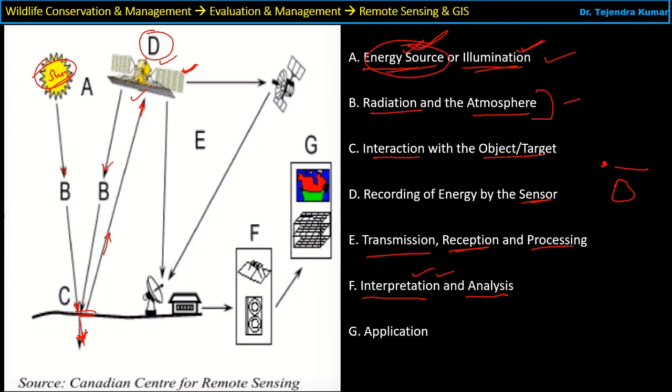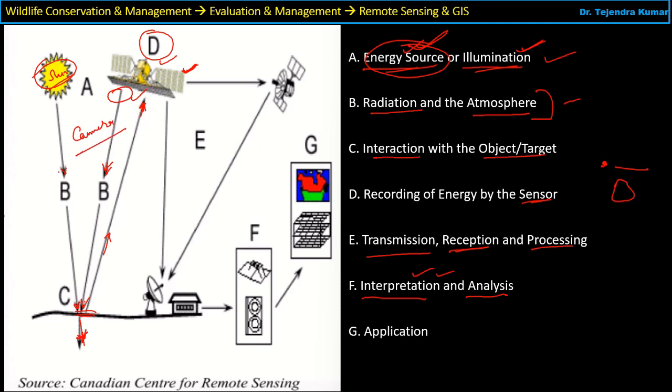Okay, if an active source is there, then the active source will send the energy and get it back. If you see this process, it is working like a camera.